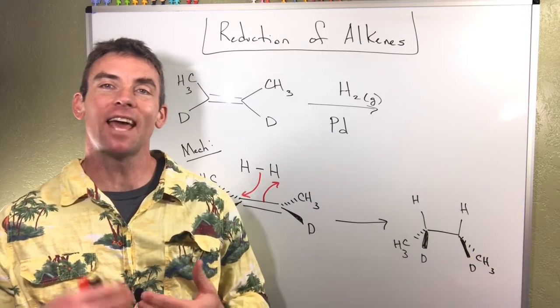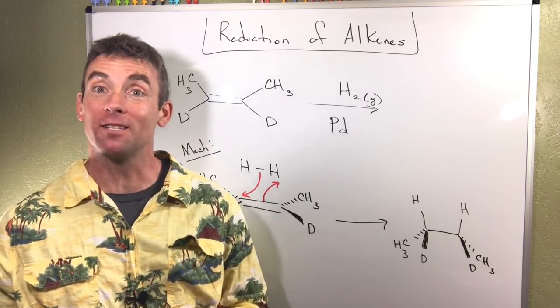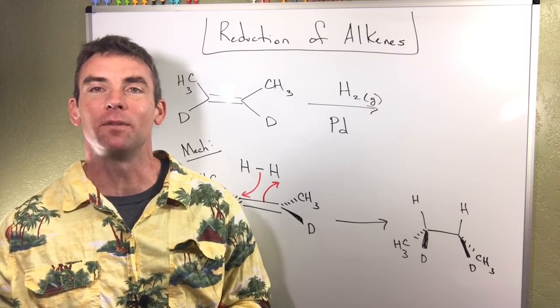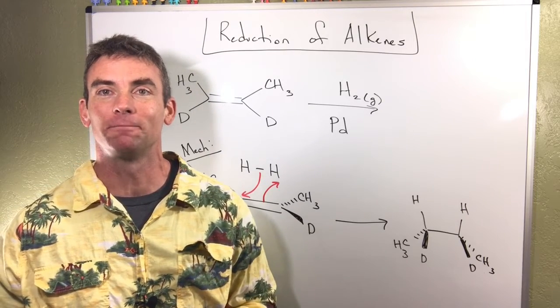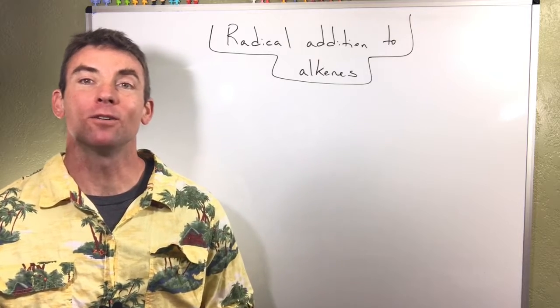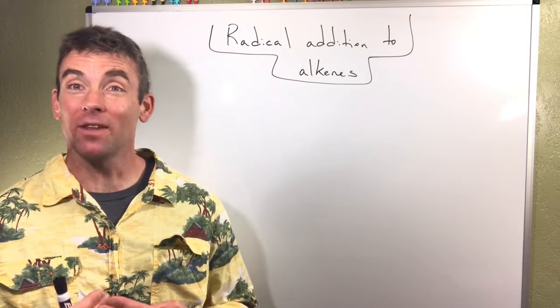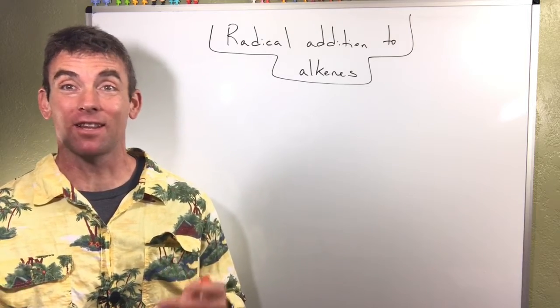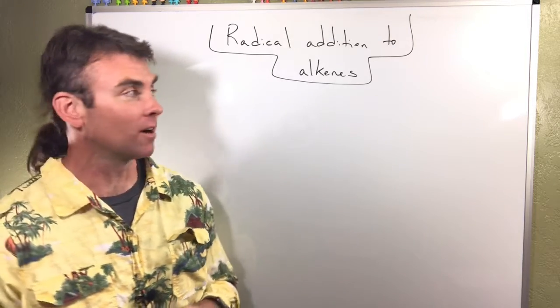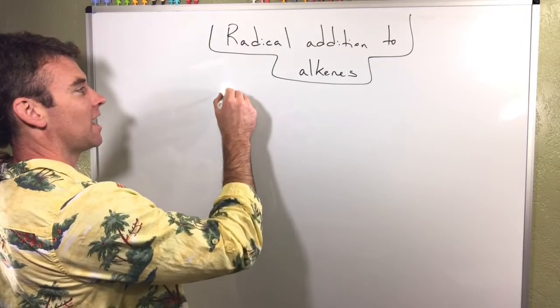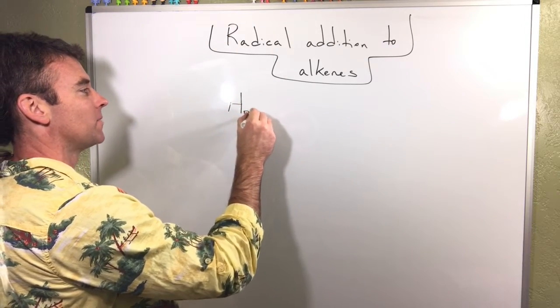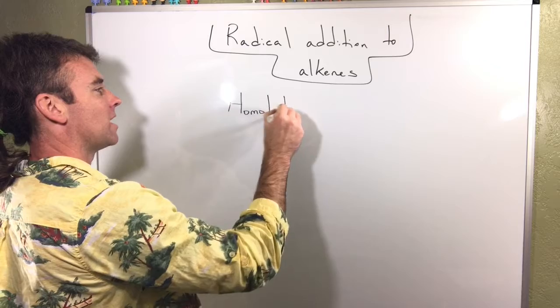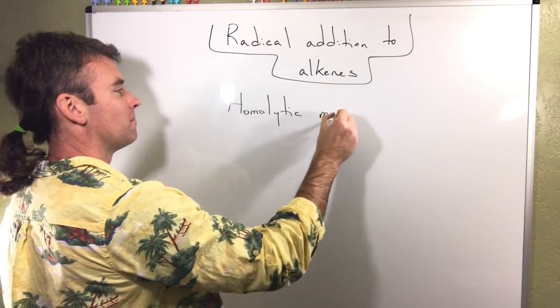And the good news is, anytime we talk about a different mechanism, usually that's going to open the door to some entirely new mechanistic patterns. So what we're going to talk about here is what's called radical addition. It's something that alkenes are really good at, and it has a very different mechanistic look than stuff that we've been talking about thus far. I should, by the way, mention that anytime you see a radical mechanism, it's often termed a homolytic mechanism.